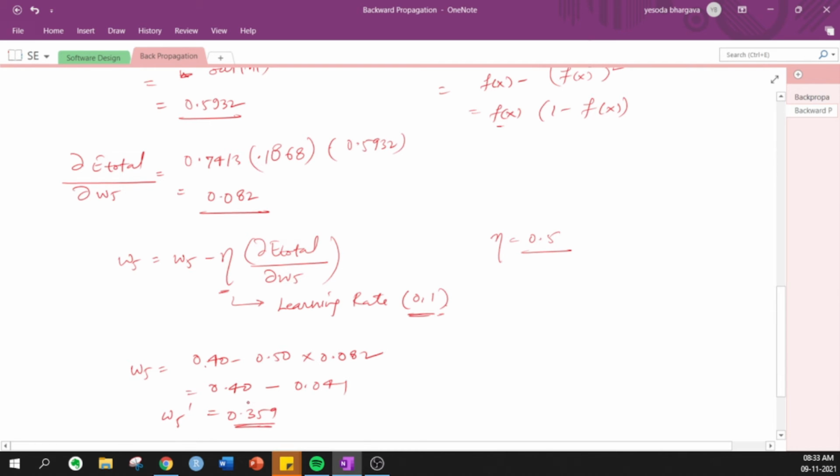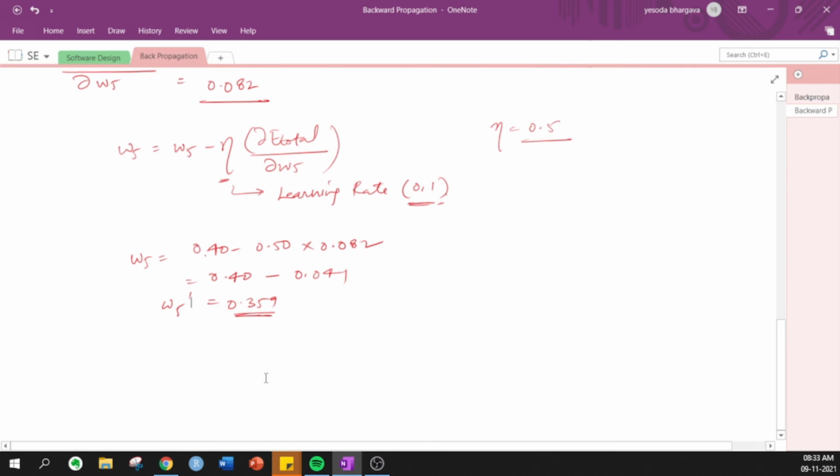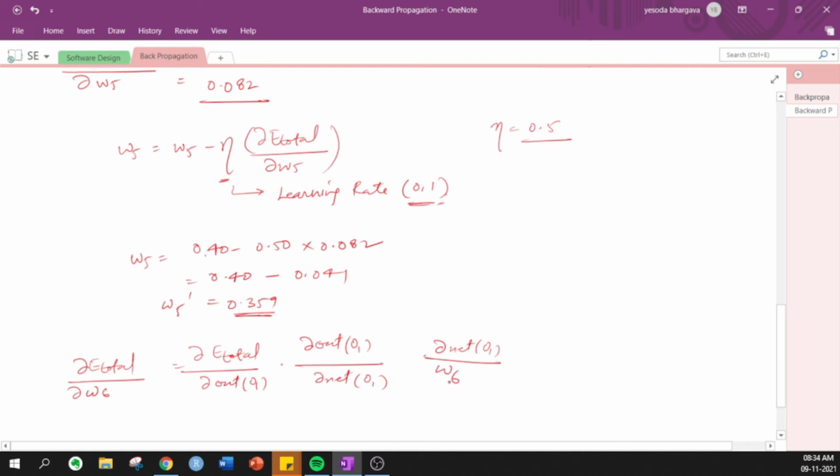Similarly, we can compute for W6, W7, W8. For your reference, I will write the formulas here so that you can try in your free time. So the partial derivative of total error with respect to W6 is the partial derivative by output of O1, then output of O1 with respect to net output O1, and then net output O1 with respect to W6.